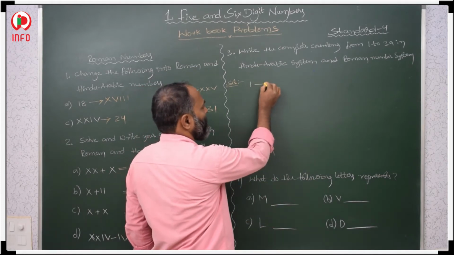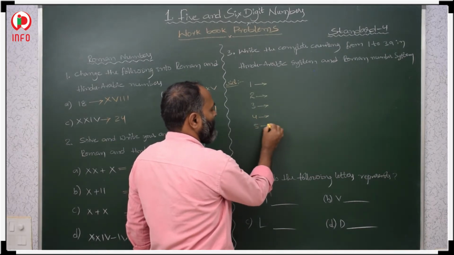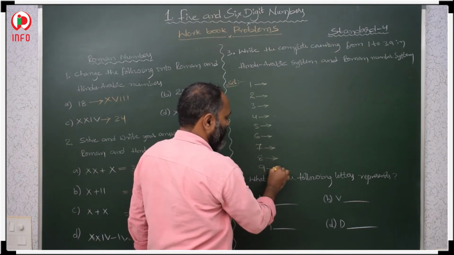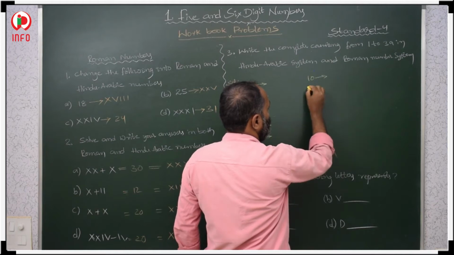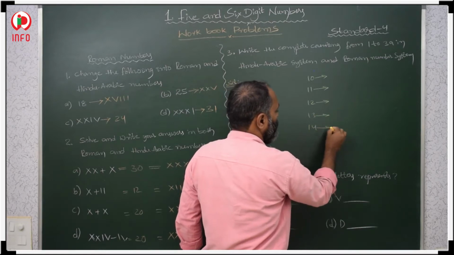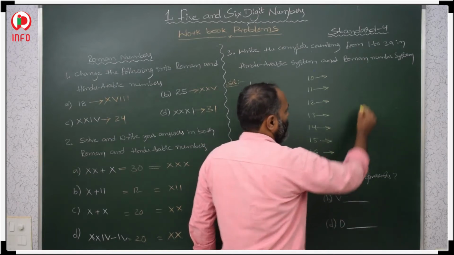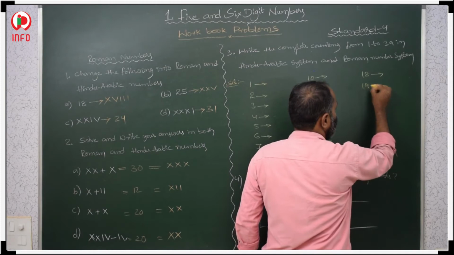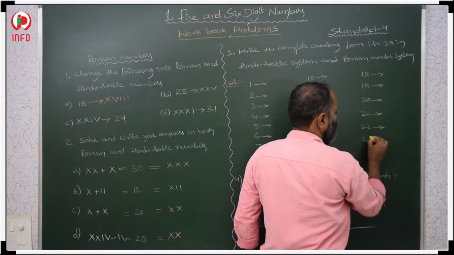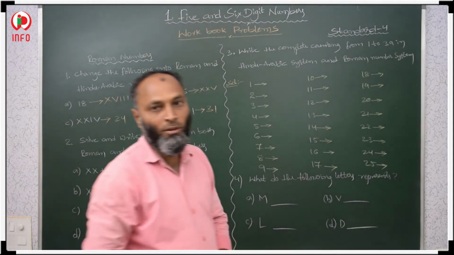First 1, 2, 3, 4, 5, 6, 7, 8, 9, next 10, 11, 12, 13, 14, 15, 16, 17, 18, 19, 20, 21, 22, 23, 24, 25, and the remaining you have to do up to 39.